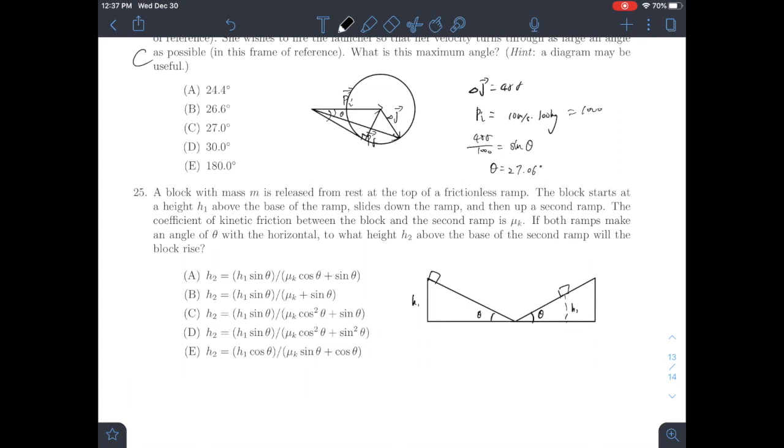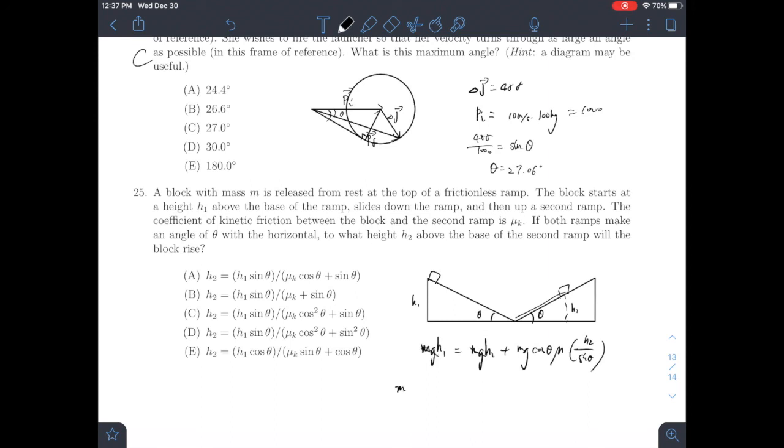So we use conservation of energy again. First we have initial potential energy mg h1 equal to mg h2 plus the work done by friction. For the work done by friction, we first want to know the distance. Then we have mg cosine theta times mu times the distance, which is h2 over sine theta. Then we solve for h2.